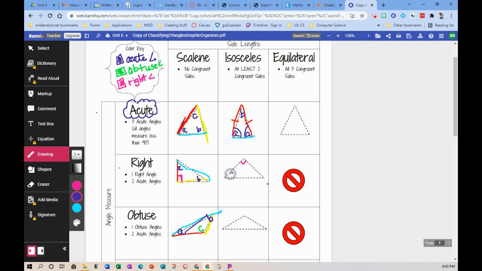So here's A and A. So this leg right here is congruent to this leg right here, across from the hypotenuse, which is turquoise.